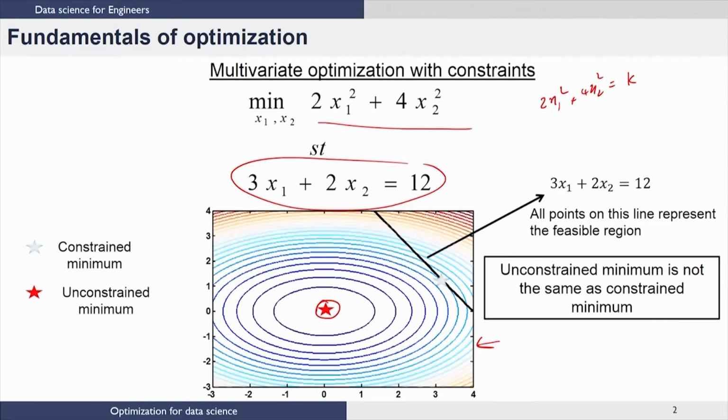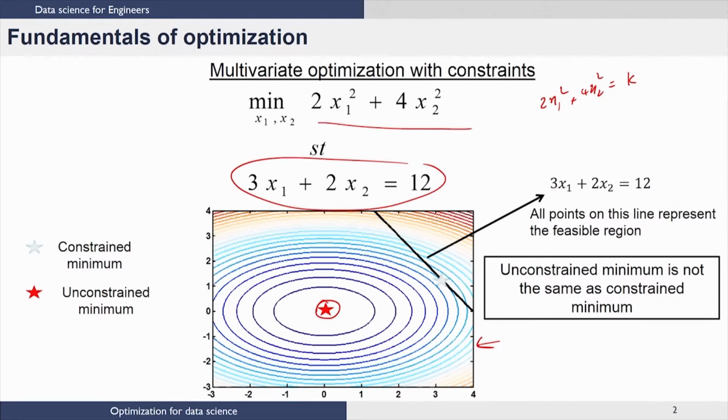So, though I know the very best value for this function is 0 from a minimization viewpoint, I cannot use that value because the 0 0 point might not satisfy this equation. So, you will notice that if I put x1 equals 0, x2 equals 0, it does not satisfy this equation. So, the unconstrained solution is not the same as the constrained solution.